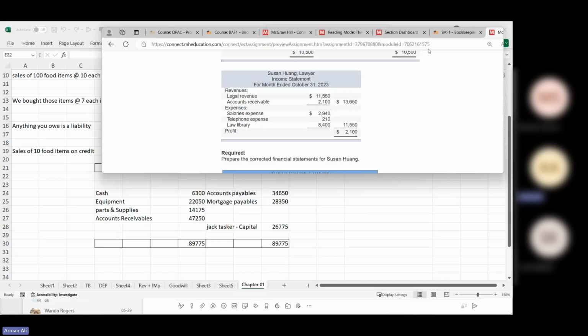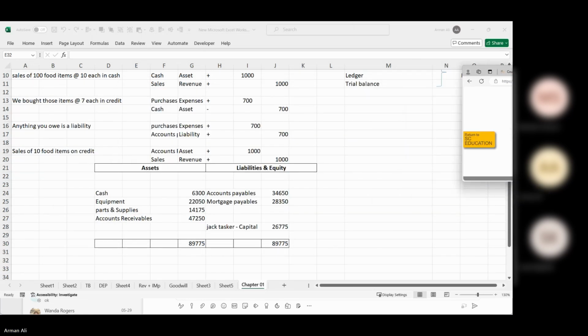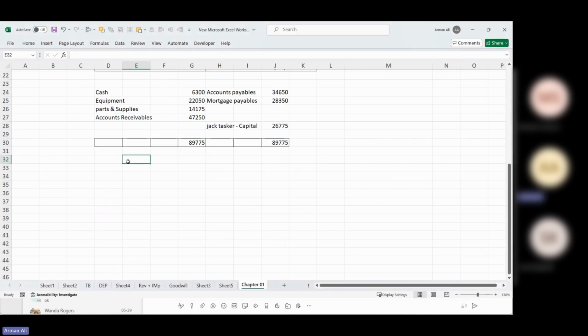Now, the statement of changes in equity is a simple item. It's like a reconciliation statement. In the statement of changes in equity, the only things we have are the opening capital, profits for the year, withdrawals, and closing balance.